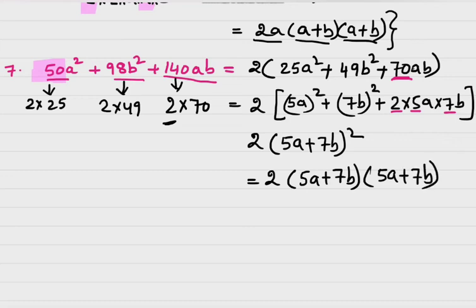Now children, here the highest power is 2. So you have two factors like this, 5A plus 7B and 5A plus 7B. Yes, 2 is also a factor, but if you take 2 inside, it will become 10A plus 14B into 5A plus 7B. So we will not take this as the third factor here.